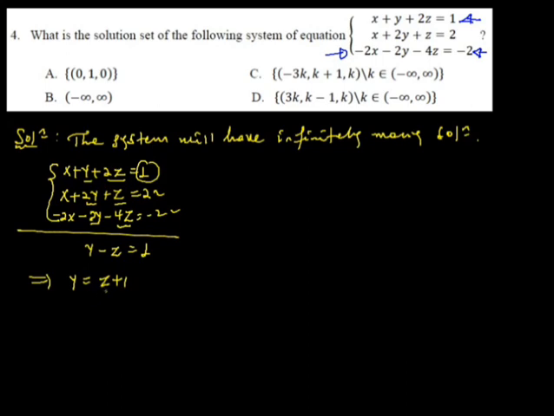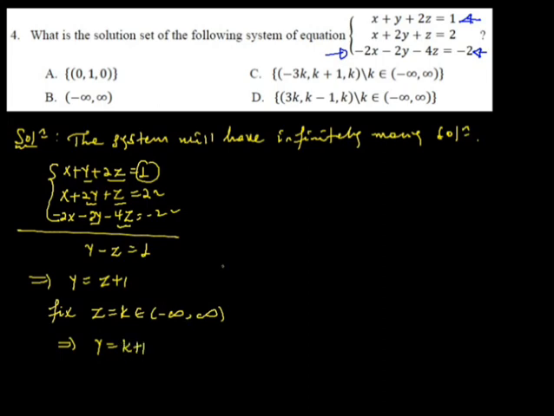Since this system of equations has infinitely many solutions, we can fix some value for z. Say z is a certain constant number k, where k is an element of the real numbers. If you fix z by a constant k, then y becomes z plus 1, that means k plus 1.